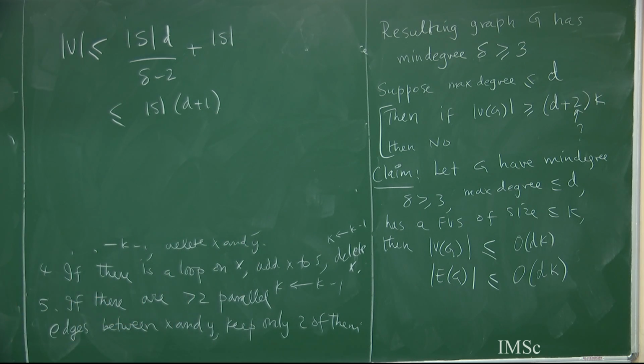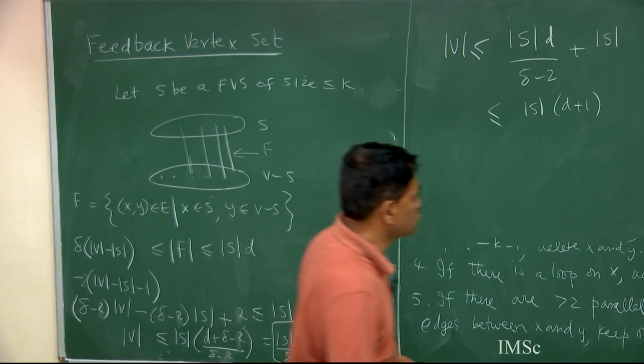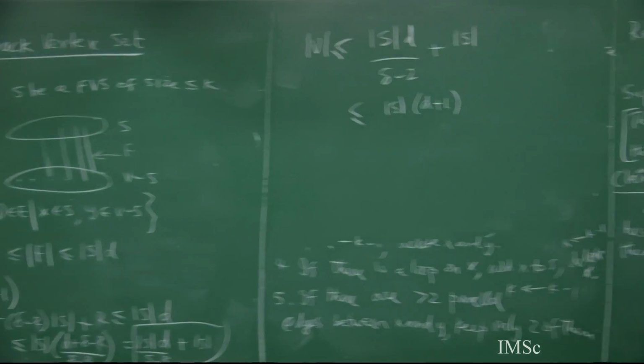So when D is equal to 3, the denominator is 1, and if you go even more, it's even smaller. So it's cardinality of S into D plus 1. So it's K into D plus 1.